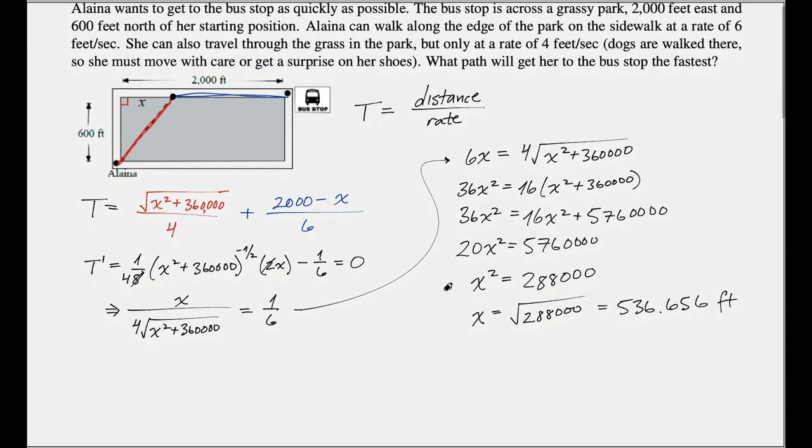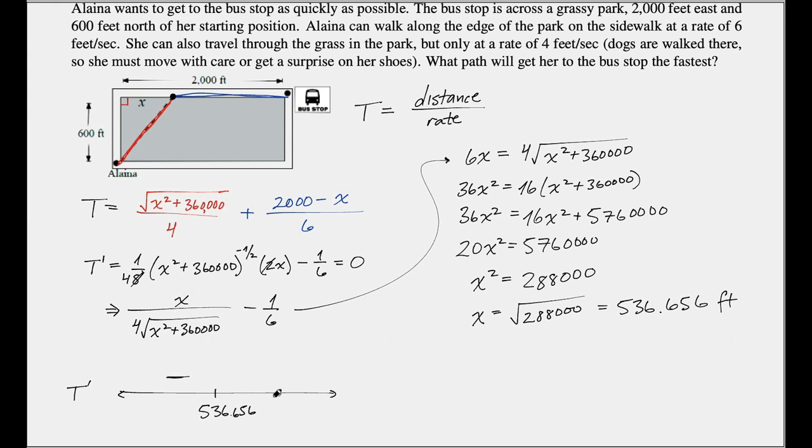So if we look at our derivative, remember, it was this thing with the minus 1/6 there. That was the derivative. And so we're going to do the first derivative test with our t prime. We'll create a sign chart. We've got this 536.656, and we'll plug in a number on each side. If we plug in 0, that's a really easy one. If we plug in 0 here, this is 0, and then minus 1/6 is a negative. So that's a negative number.